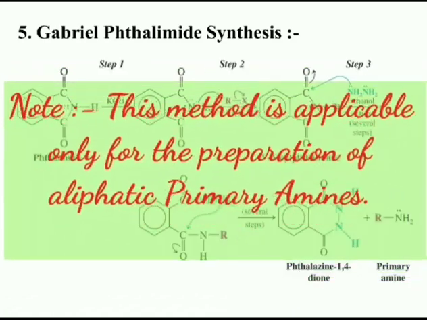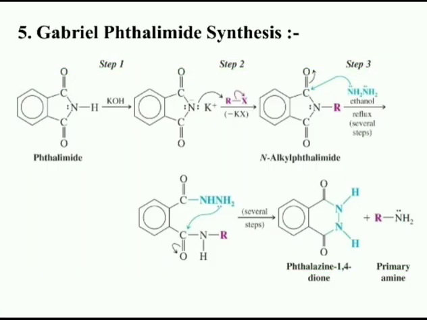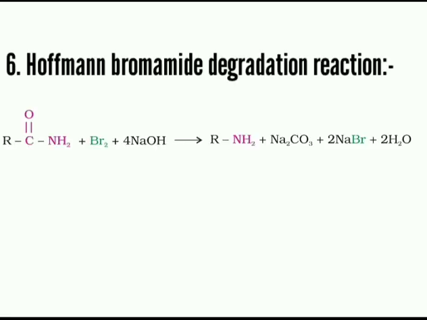Now the last method of preparation of amine is Hofmann bromamide degradation reaction. It is very convenient to learn the mechanism of this reaction from the name. In bromamide degradation, aliphatic or aromatic amides are reacted with bromine in the presence of a strong base and we get amines which may be aliphatic or aromatic.